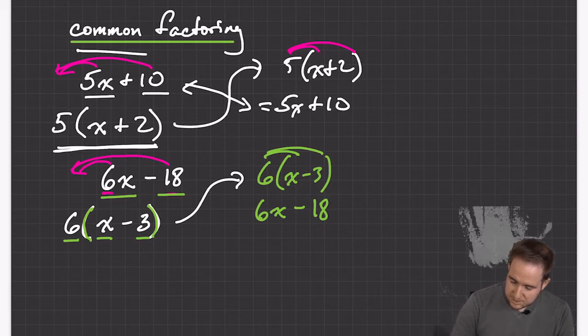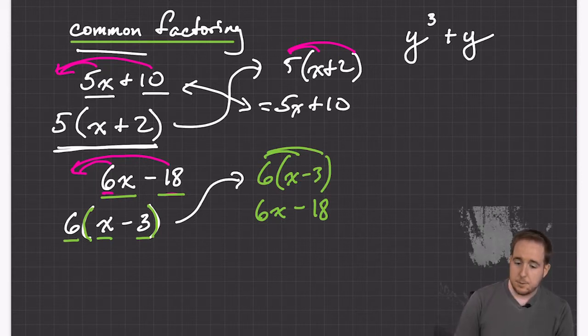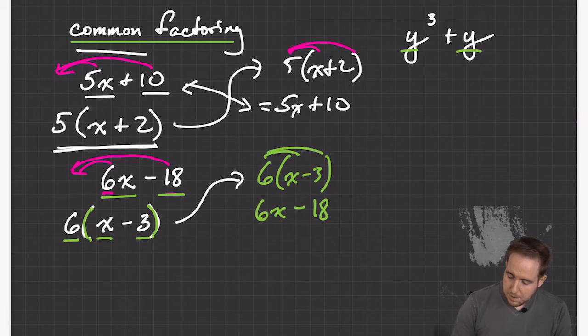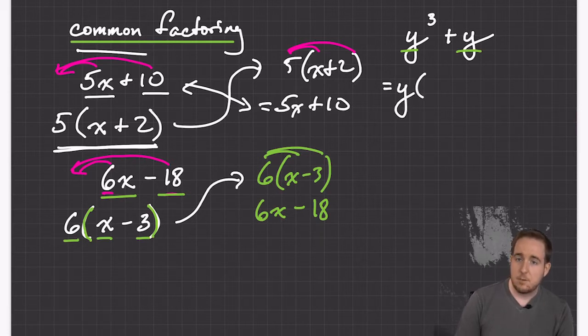Let's do one more, which is a little bit of a different flavor. We will do y to the power of 3 plus y. Now, both of these are divisible by y. So I can put a y in front of a bracket.